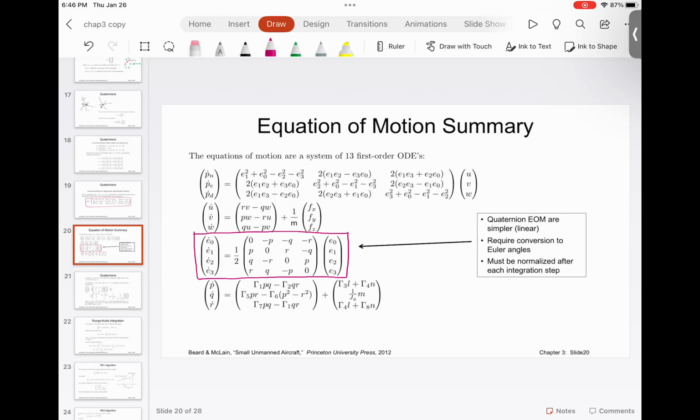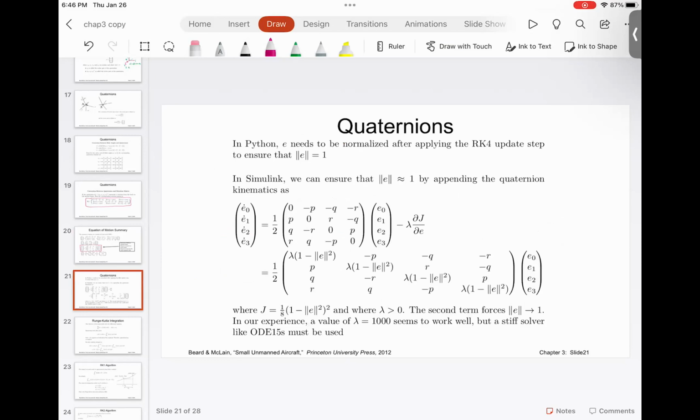and then you basically go to the next step. The other approach, which is a little bit smarter, is you add something called the normalization step, which means the first part is the integration minus lambda partial J by partial e. So we are taking the partial derivative of the cost function with respect to the quaternions.